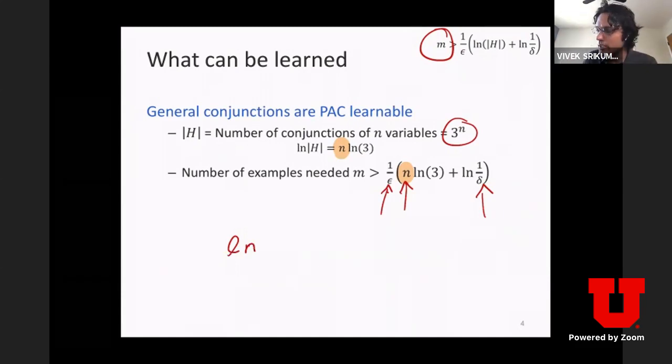Does this assume that the examples are noise-free? Implicitly, for now, we have made that assumption. We have made that assumption because we are assuming effectively that the hypothesis class that the learner is exploring is either equal to the concept class or the hypothesis class contains the concept class.